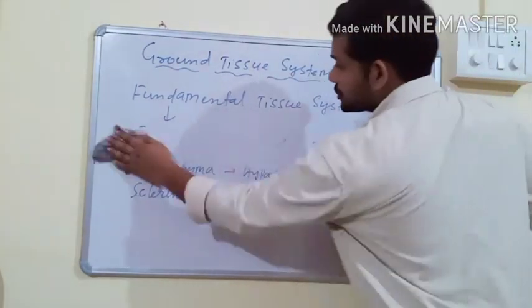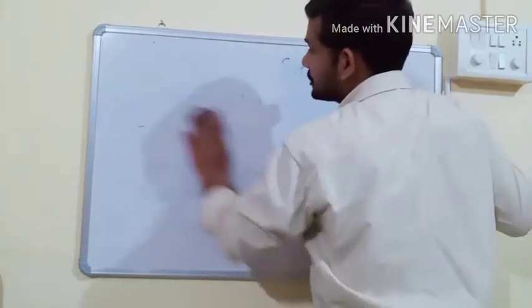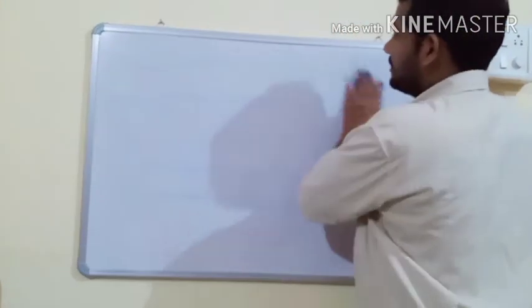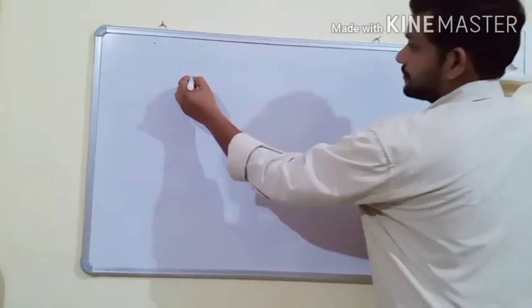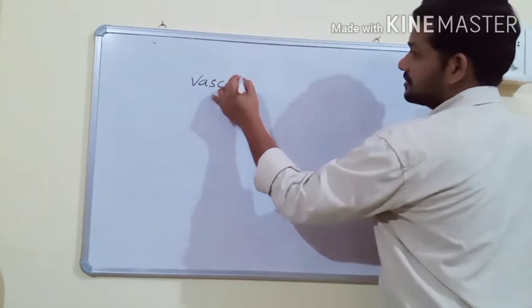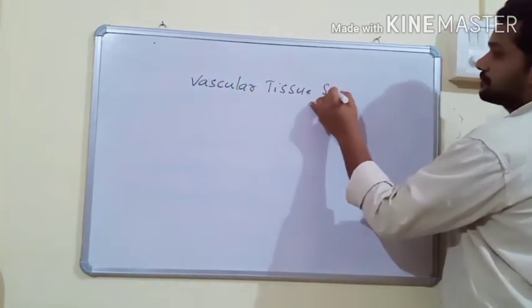And the last tissue system is the vascular tissue system, also known as the conducting tissue system.